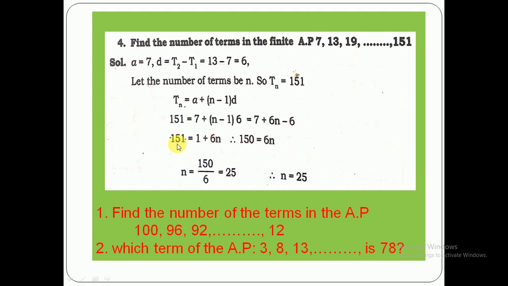In the next step, 151 is equal to, here 7 minus 6 you will get 1, plus 6n. Next step, 151 minus 1 is 150, equal to 6n. Therefore, n is equal to 150 divided by 6, which is equal to 25. So in this finite series, there are 25 terms.